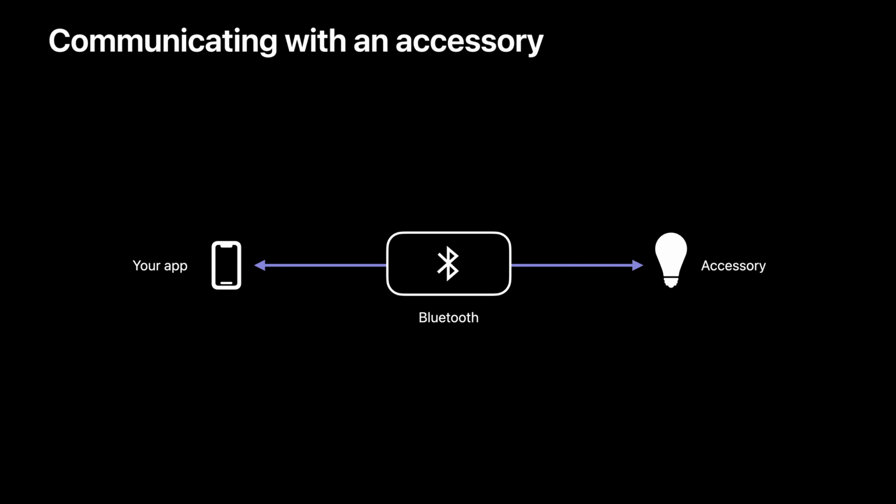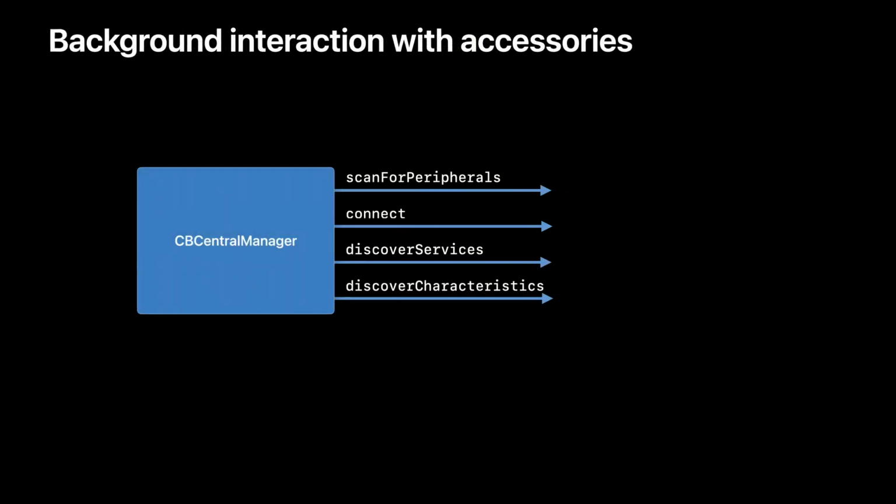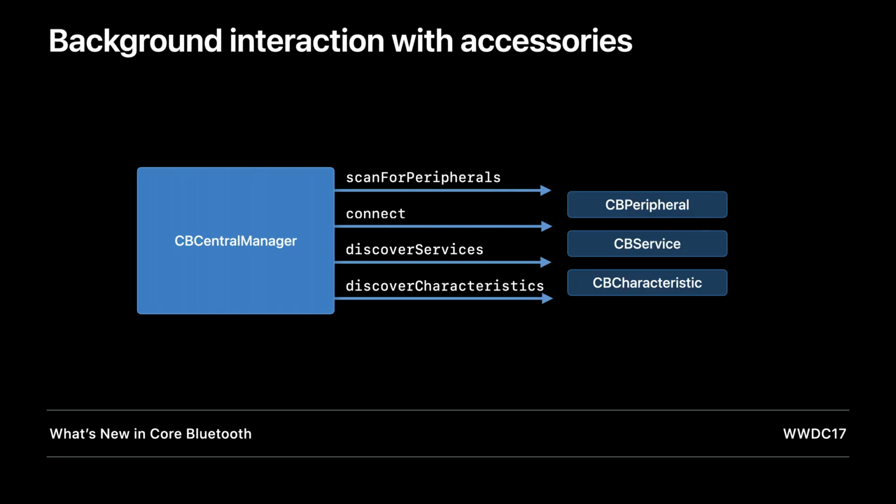Let's look closely at how this is possible. Today, you can configure your app to use core Bluetooth to discover, connect to, and exchange data with Bluetooth LE accessories while your app is in the background. Check out the existing core Bluetooth programming guide or the WWDC session from 2017 for more details.